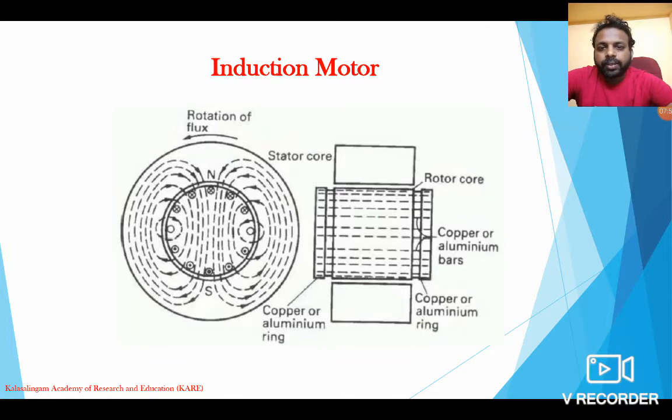The second drawback is that it doesn't have a starting torque. So you have to create a separate circuit to energize these secondary circuits. It helps to start, or rotate, the rotor at initial conditions. So these are some drawbacks in the induction kind of motor.